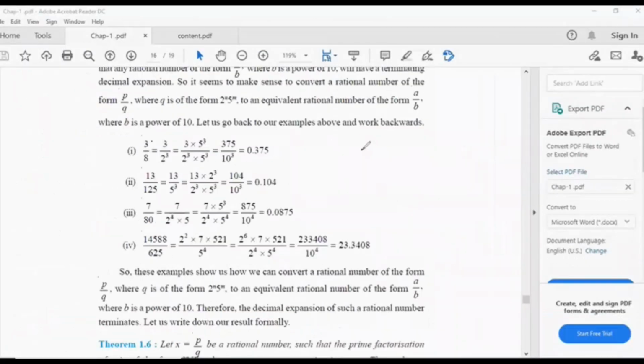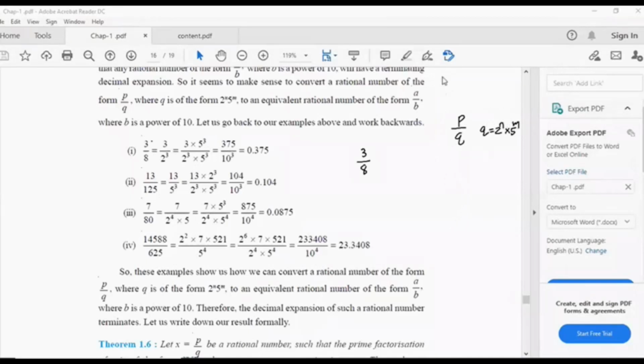So it is clear that any rational number which has a terminating decimal form can be expressed in the form p by q, where q in prime factorization is of the form 2 raised to n into 5 raised to m. That's what we discussed last time.